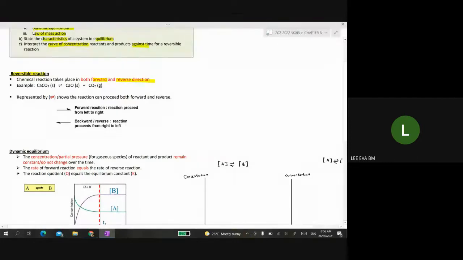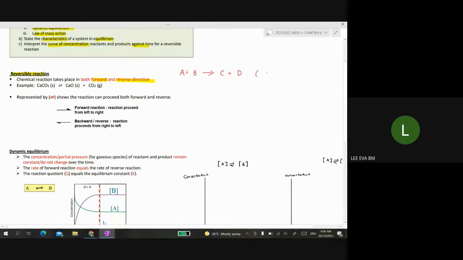If you still remember, normally how do you look at one chemical equation? It would be like this: A plus B, the reactants A and B, producing C plus D. So C and D are your products.